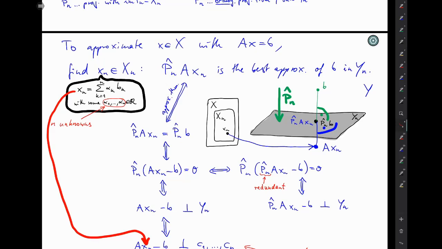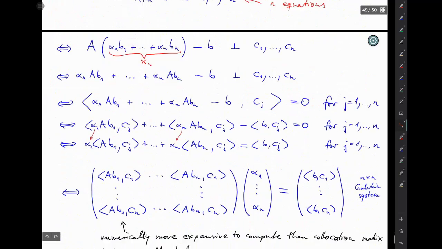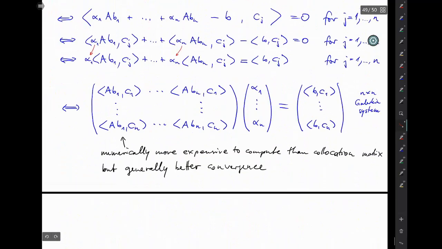Of course, in the end, you want to approximate x by the xn's, so you need something similar also on the x side, and that's when you want to choose your space x also a Hilbert space. So if you want to make sure you get very good convergence properties, then it's of benefit to also make x a Hilbert space and to also use orthogonal projections on that side.